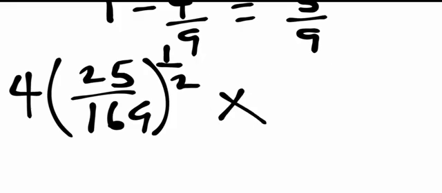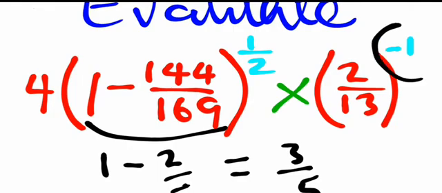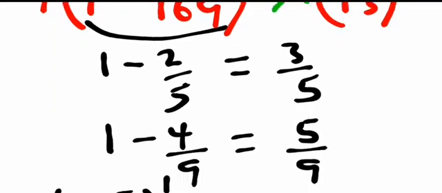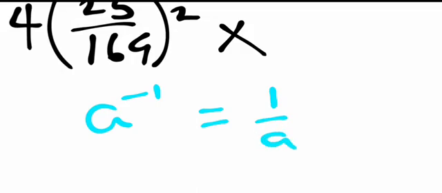then times what we have here now. In mathematics under the law of indices, it's like you have reciprocal. If I have a raised to power minus 1, what it means is that we have 1 over a. So it's like you are finding the reciprocal.